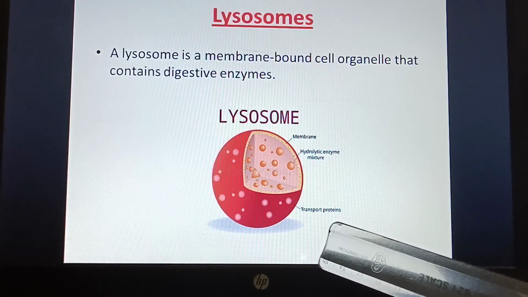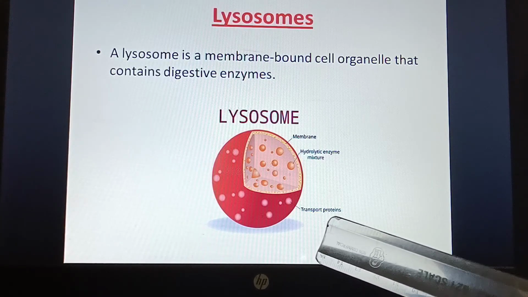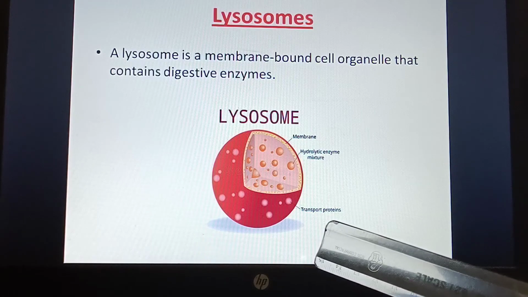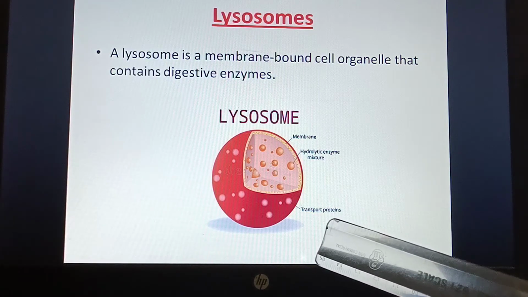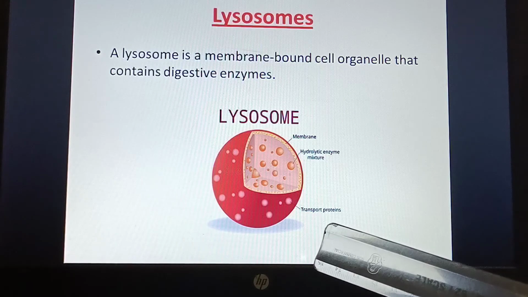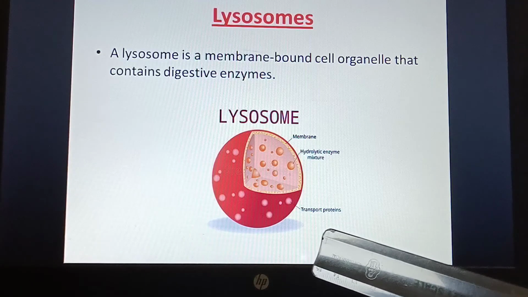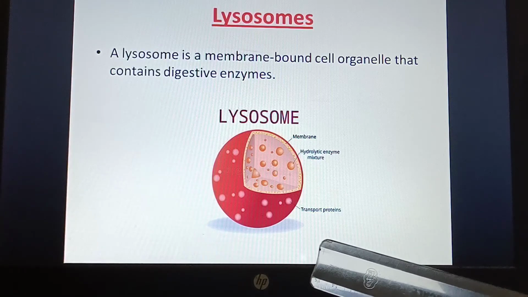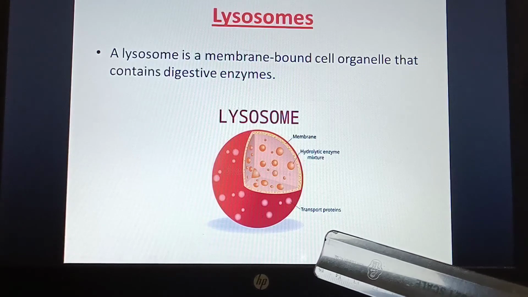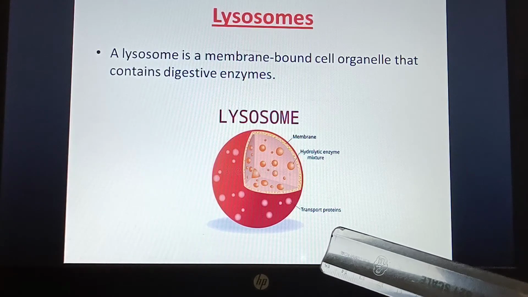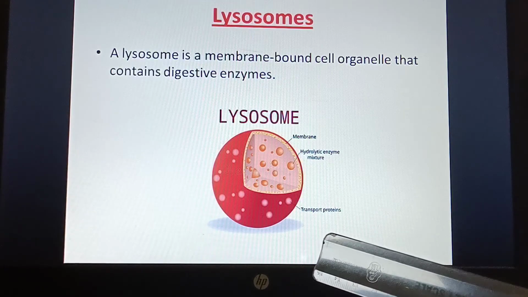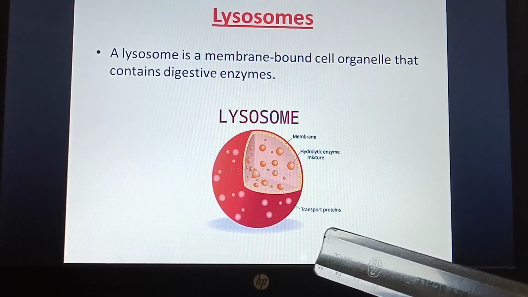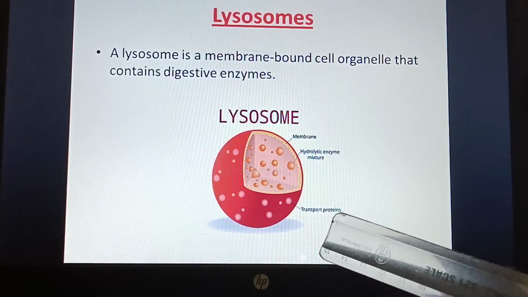So lysosomes burst inside the cell and kill the cell itself. That is why lysosomes are called suicide bags of the cell, because they kill the cell itself and burst out inside the cell.